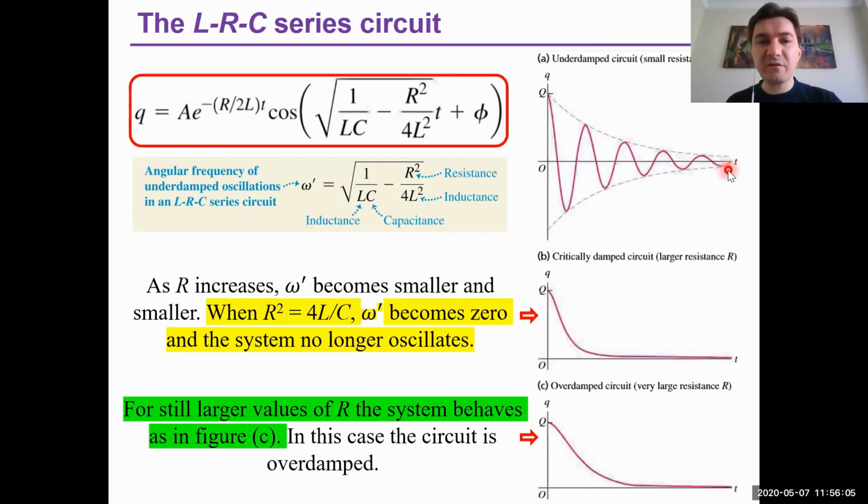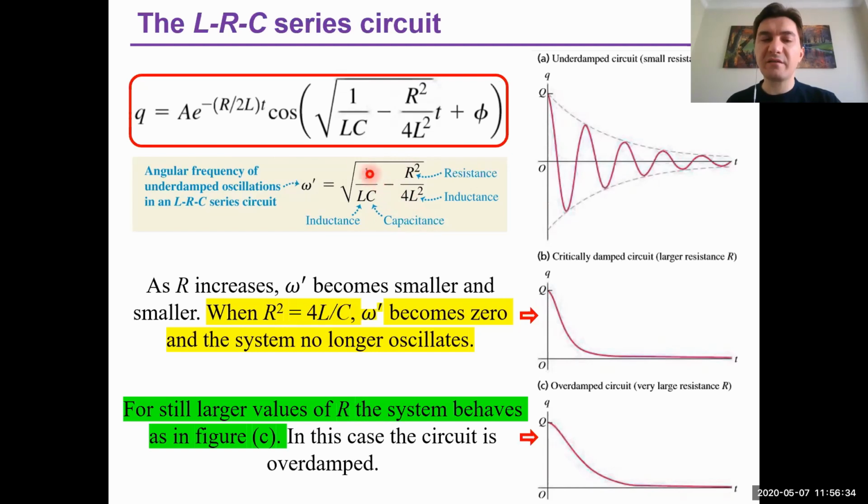But let's consider that here we have R square. This R square is equal to 4 times L over C. Put this one here, then this term will cancel this term. If I use 4L over C instead of R square, then omega prime, the angular frequency, will be 0.